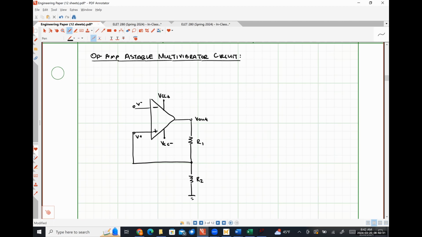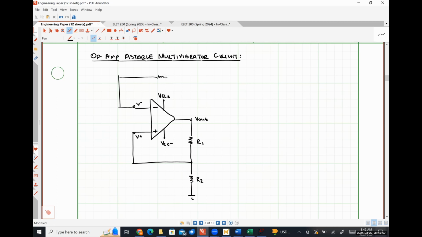Very similar to what we saw in our previous examples, except that effectively we're just grounding the leg of that resistor that was previously connected between the non-inverting input and a voltage source. Okay. Now, on the other side, we're actually going to employ a feedback resistor up here as well.